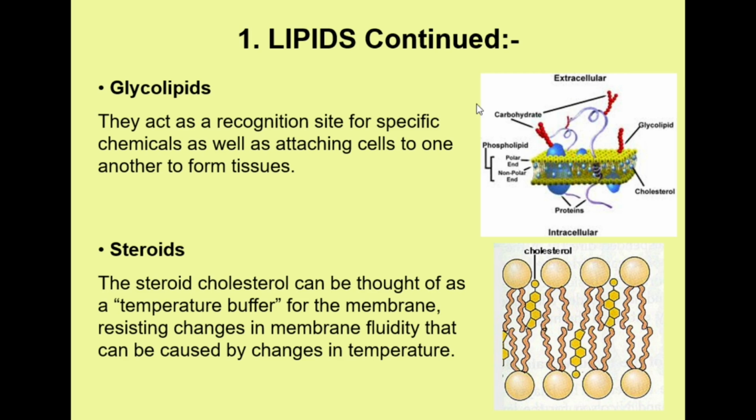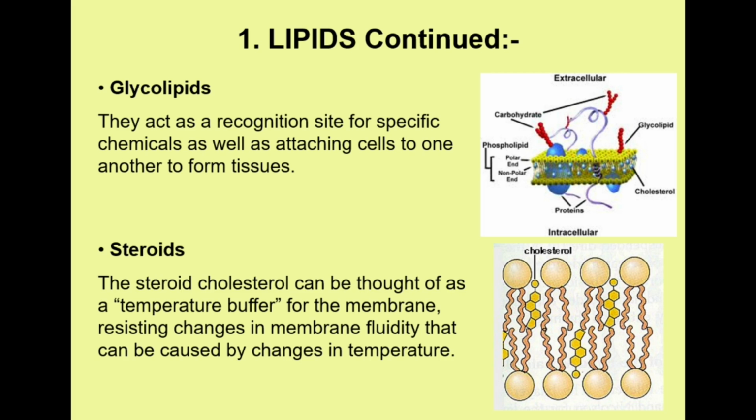If we look at the little diagram here, you can see these phospholipids making up the bilayer. We've got these two layers of phospholipids, and then you can see the cholesterol sitting in between the phospholipids. And they play an incredibly important role in maintaining the fluidity of the membrane. I mentioned previously that the plasma membrane is a fluid structure.